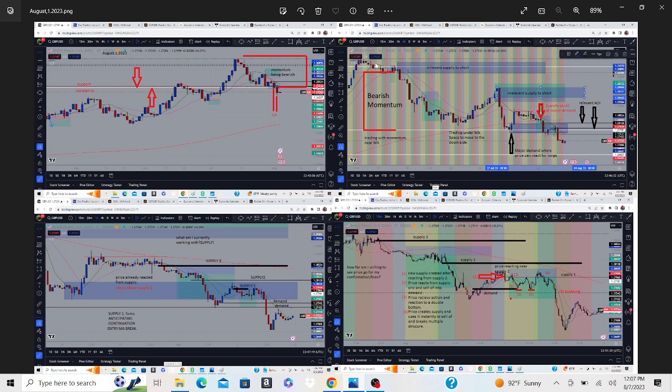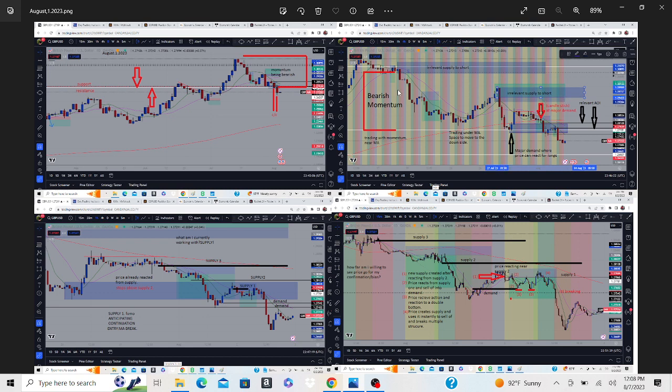Price over here consolidated for a tiny bit, and we instantly gained momentum to the downside, making lower lows and lower highs. Right here near the rising 200 MA, we retested to like a 50% retracement, which we can identify on the lower time frames. It was like a supply zone to continue moves to the downside.